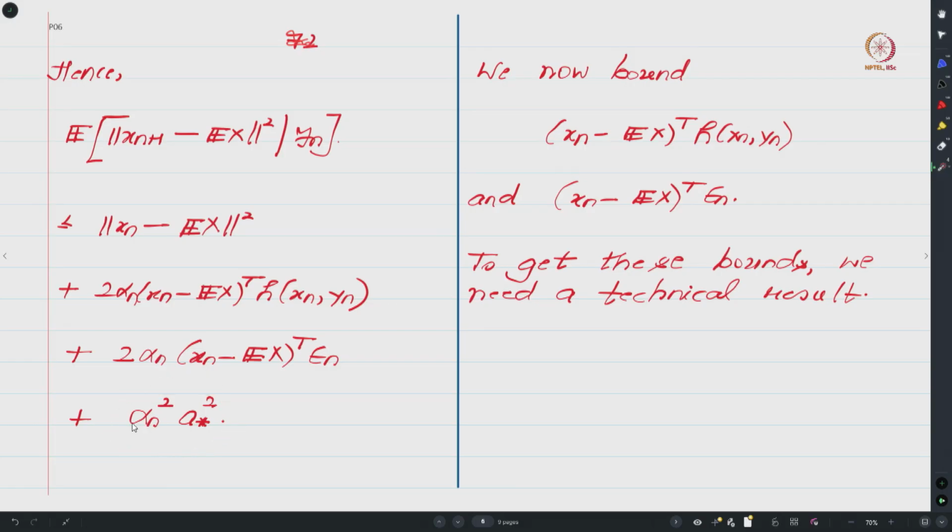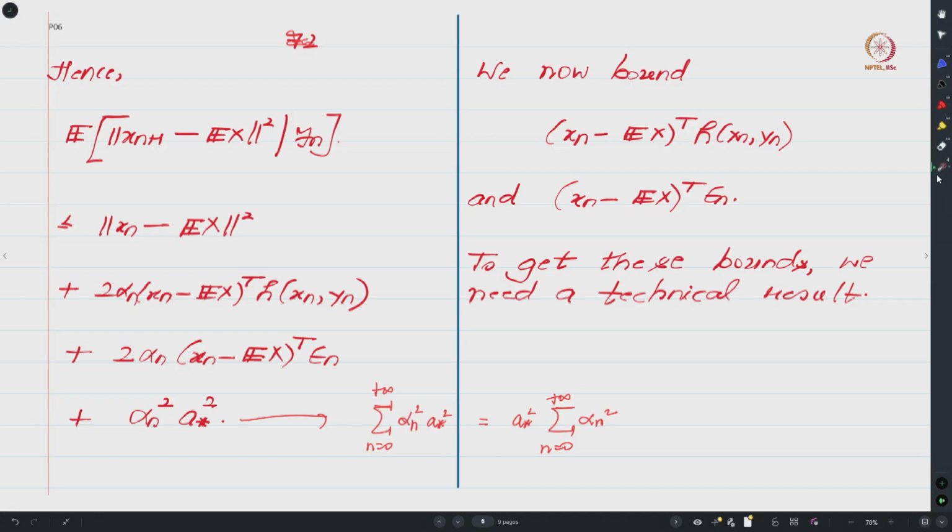So let us look at this expression for the time being, and I hope you agree that if I sum it up, that is from n equals 0 to infinity, alpha n square times A star square, and because A star does not depend on n I can pull this off, and I would end up with something like this.